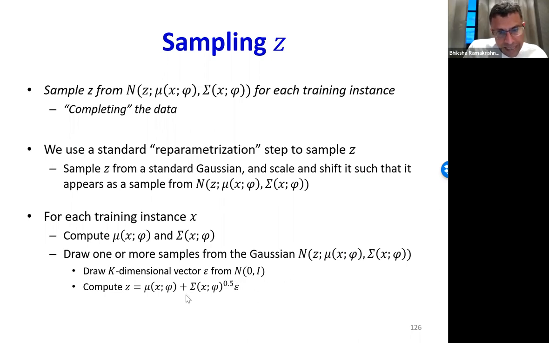Then I'm going to scale it by the square root of the covariance of the Gaussian, basically by the standard deviation of the Gaussian, and then add the mean to it. And this scaled and shifted version is now going to be a sample from the Gaussian with mean mu and variance sigma. So did this make sense to you guys? I flew through it, but did that make sense?